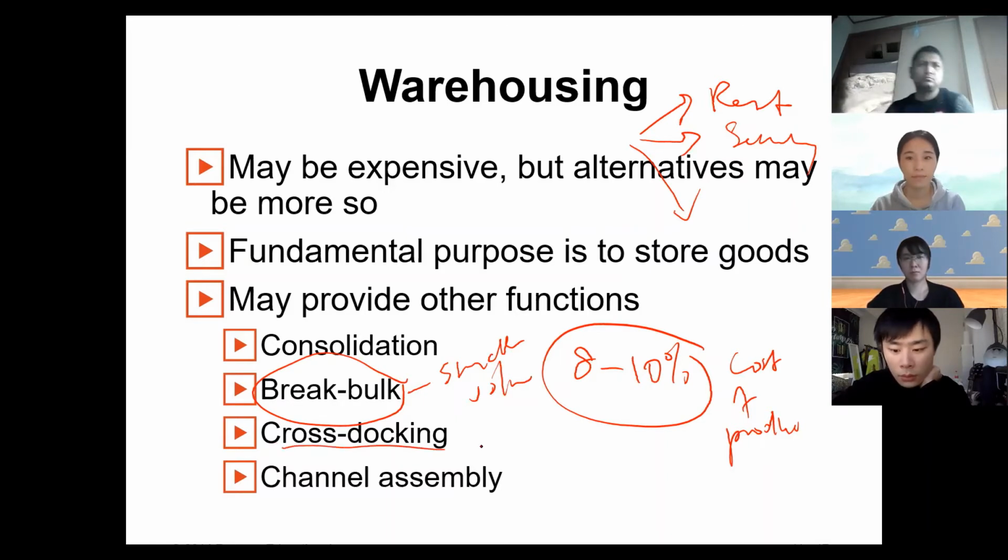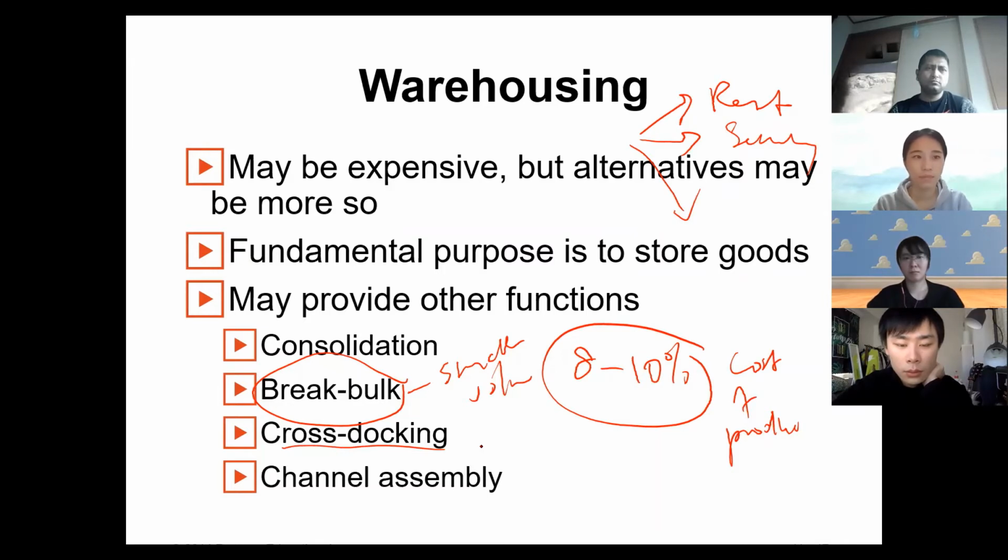Cross docking is where you don't actually warehouse the goods; you have an immediate transfer. I think we talked about it last semester, when we discussed facility layout. When one truck arrives, it is broken down and distributed into other trucks. It's just a place to ensure distribution.